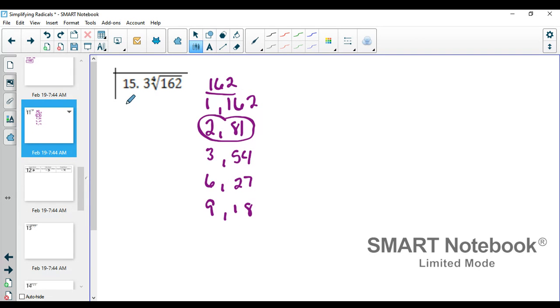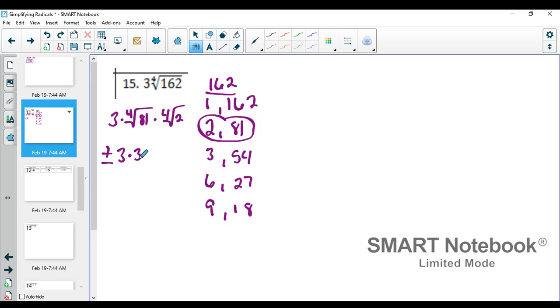So it becomes 3 times the fourth root of 81 times the fourth root of 2. Because we have an even index, our answer is going to have a positive and negative answer. So we have plus or minus 3 times, then the fourth root of 81 is 3.